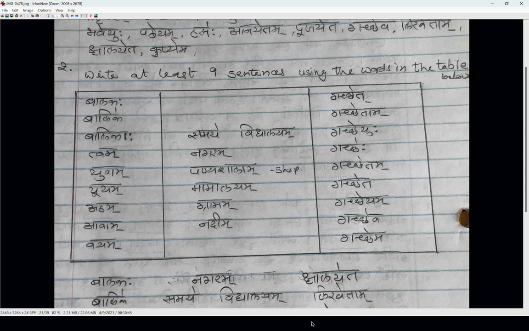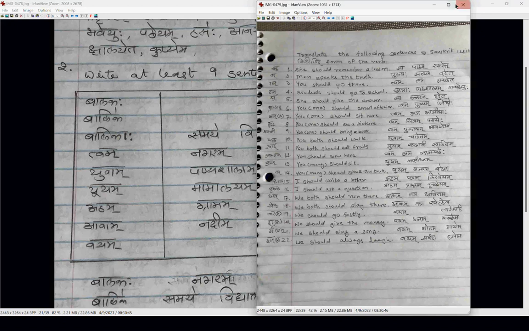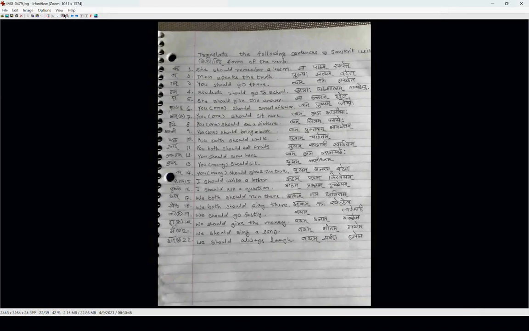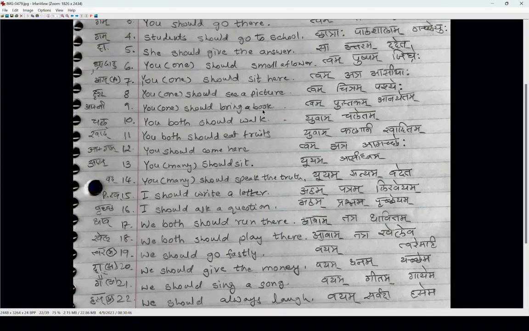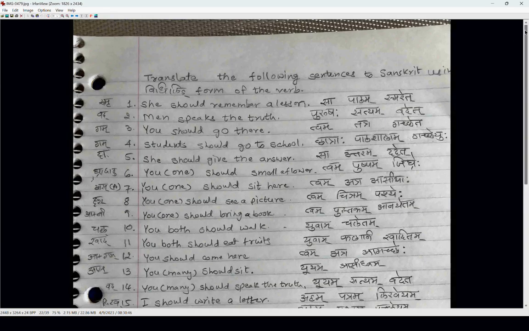Okay, so let's look at the other list here. What is this one? Translate the following. She should remember a lesson. This dhatu is also written here on the left side.